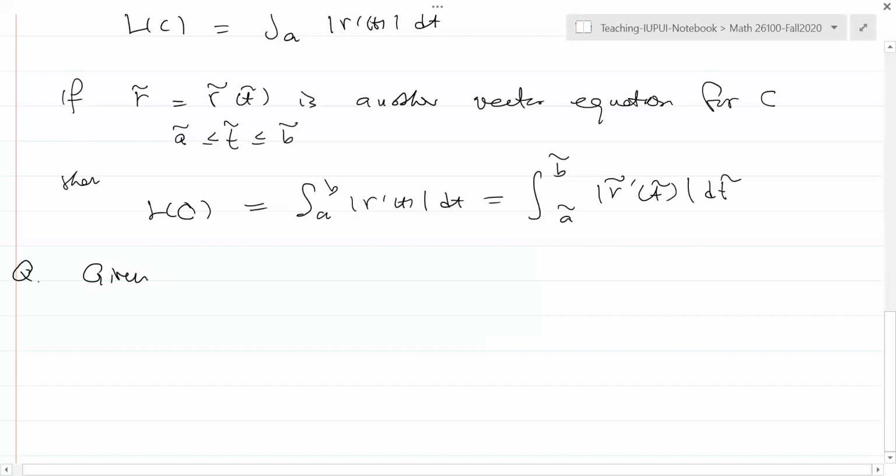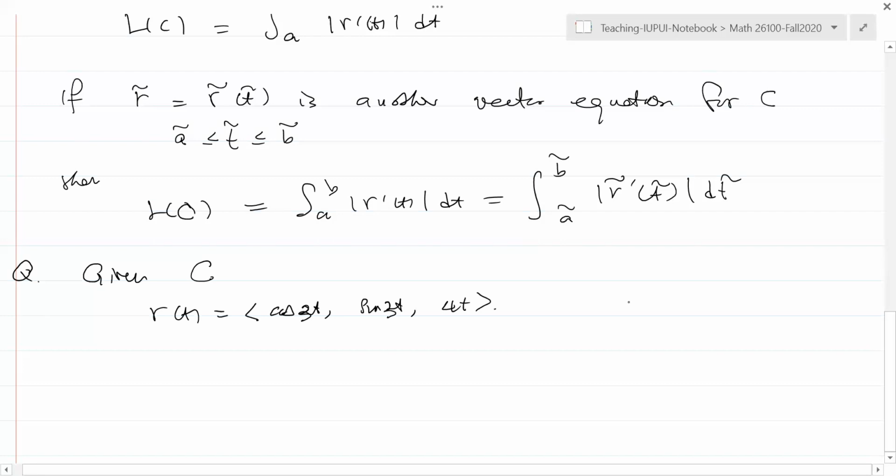Here's a curve C, which is described by the following: r(t) equals cosine 2t, sine 2t, and we can do the 3t, and the 4t.